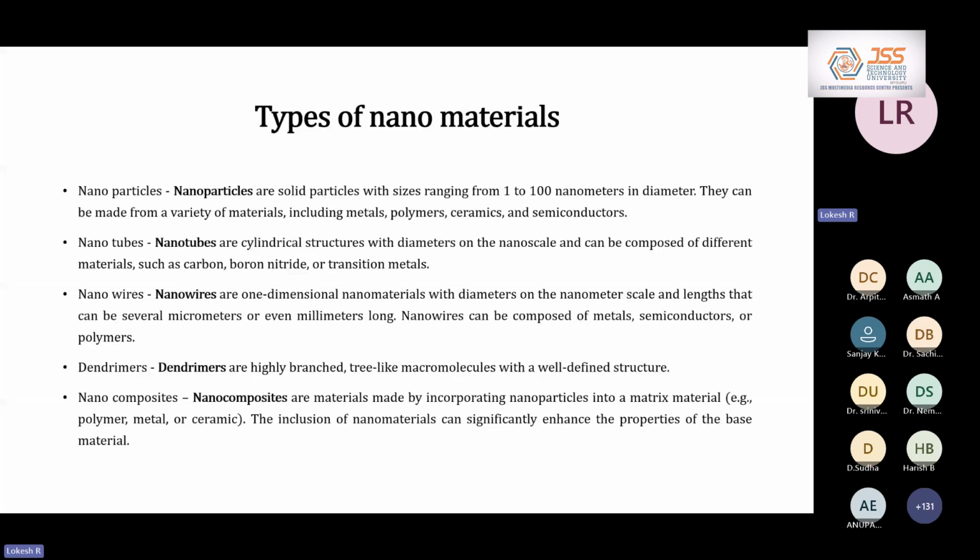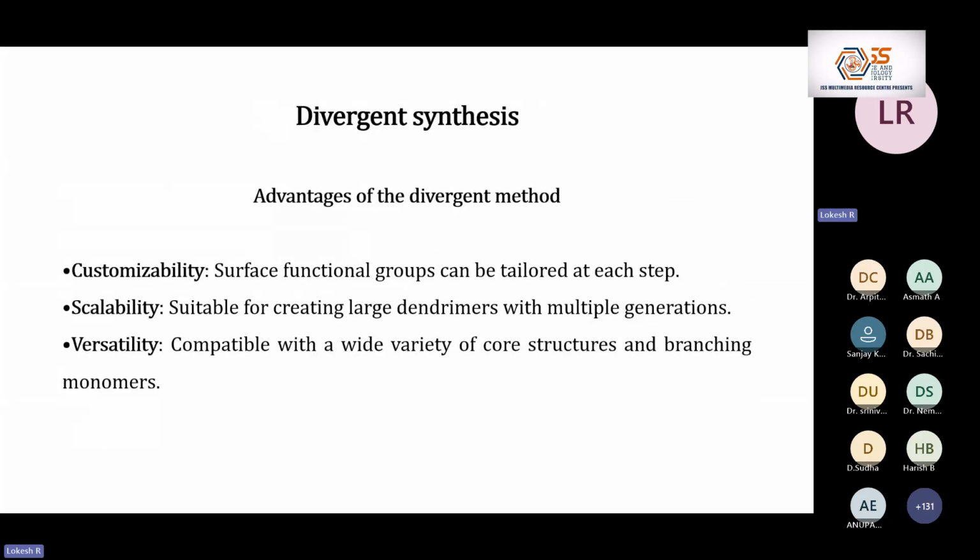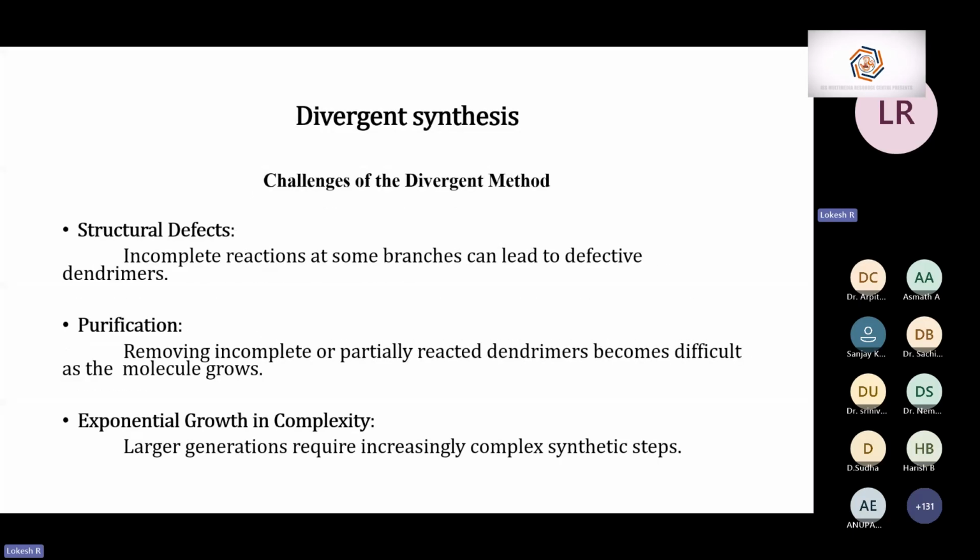The advantages of this method are scalability and versatility, that is, adaptability to a wide variety of core structures, and surface functional groups can be tailored at each step. Challenges in this method are that any structural defects lead to defective dendrimers. Purification is also difficult, removing incomplete or partially reacted dendrimers.